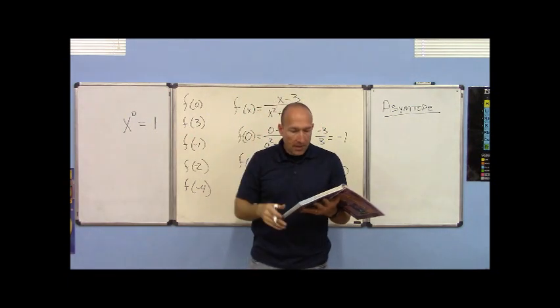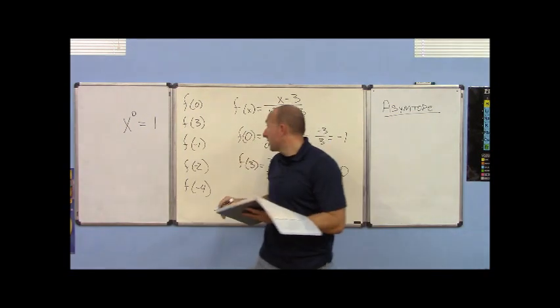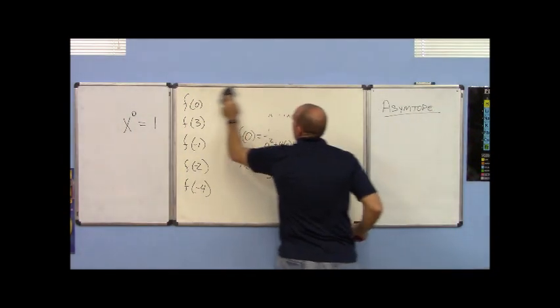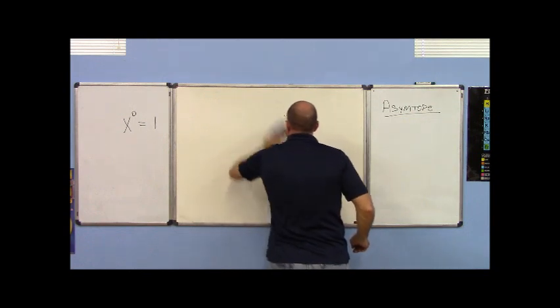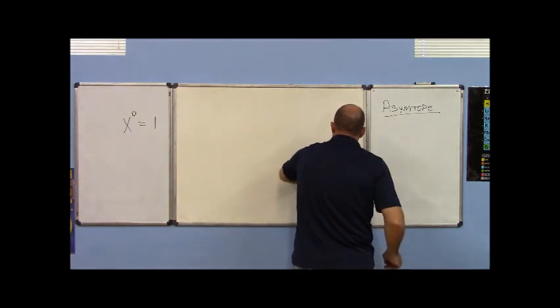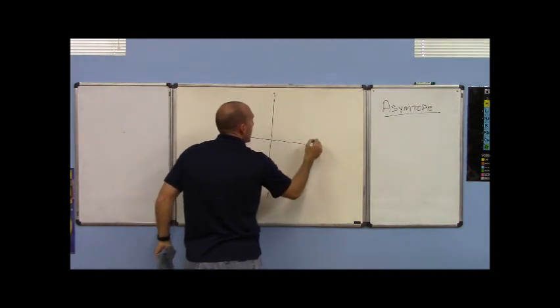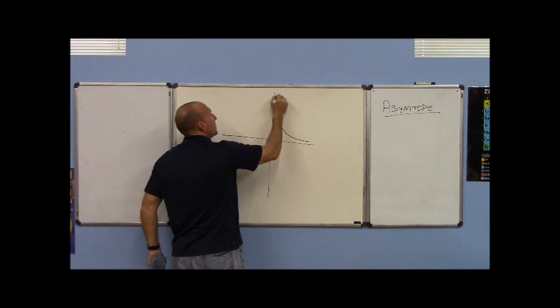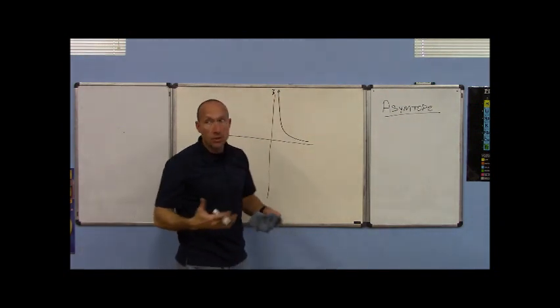As this goes along, it starts getting closer and closer, but never really reaches it. This axis, the y-axis here, is called the y-asymptote.